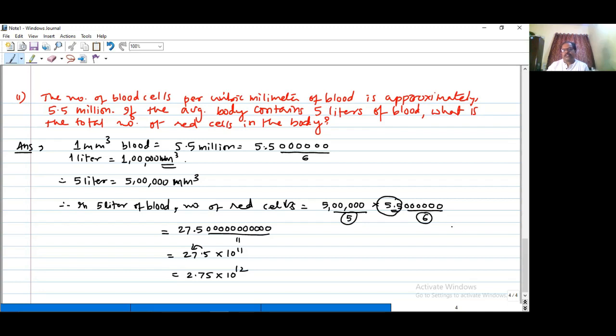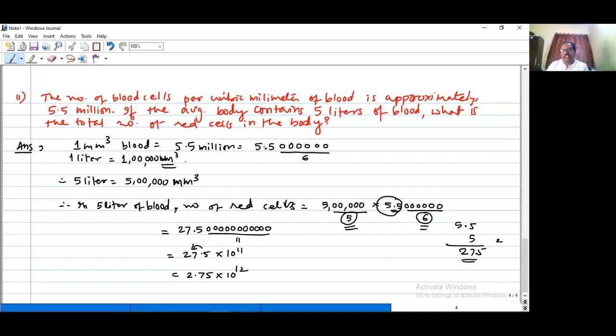First I take the multiplication of 5.5 with 5. It comes as 275. 5 fives are 25, 2 carry, 25 plus 2, 27, 275. Since we have one decimal place here in 5.5, we put the decimal after 27 and before 5. So it is 27.5. And again we need to put the zeros here. How many zeros in all?